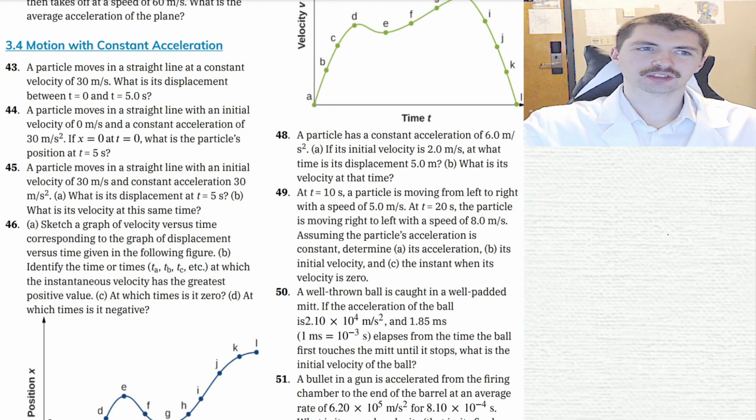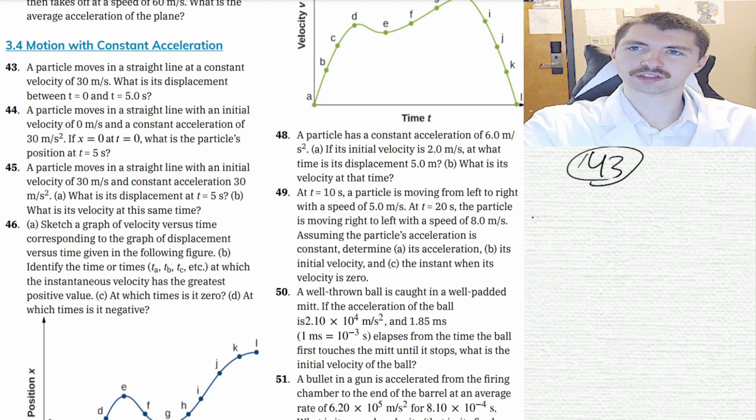So yeah, let's do 43. Particles going 30 meters per second. So we're gonna say that's a vector displacement. So displacement between these times. So we're gonna take the displacement function. We know x naught is 0.